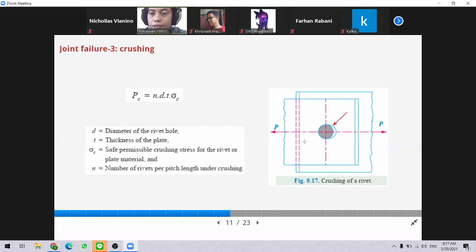Here we can see that the circular shape deforms and changes into an ellipse because of this tension load. Why can this happen? Because the rivet crushes the plate and the plate deforms.